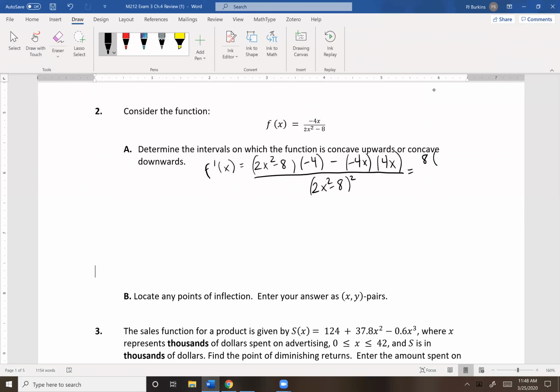If I take out a 2 and a 4, I'm going to be left with, actually take a negative out, so this will be x squared, because this would be negative 8x squared. And if I multiply these two together, that would be a plus 32. So if I take out an 8, it would really be minus 4 here.